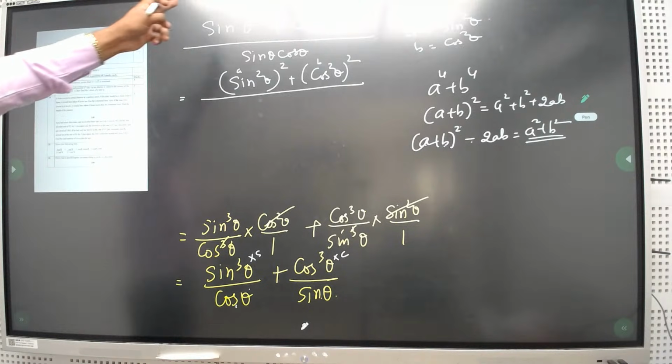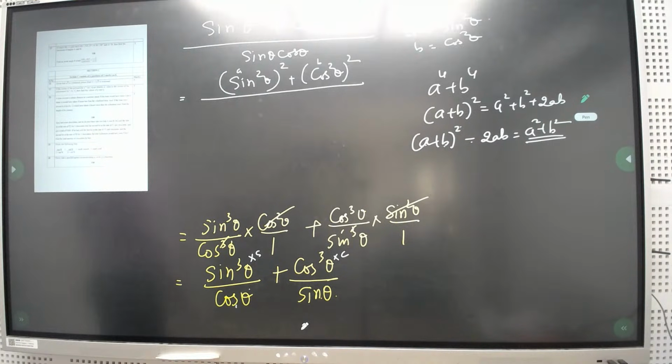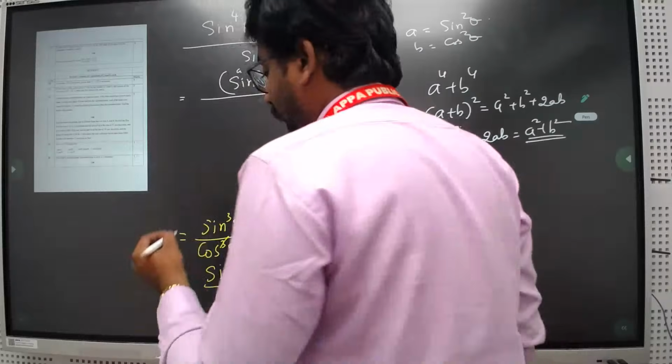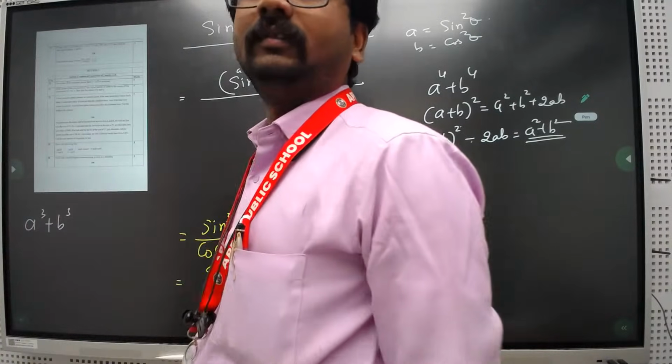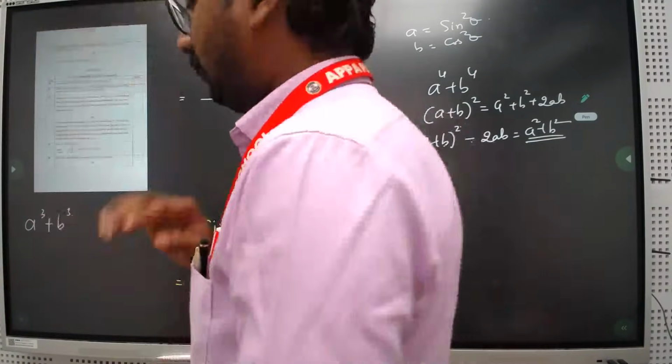For that concept, they are even number powers. 4 can be written as 2 into 2. Similarly for a cube plus b cube. And what is the a cube plus b cube formula? There are 2 formulas. You remember this.